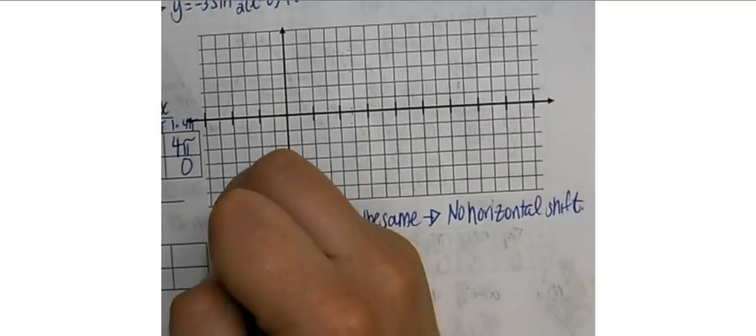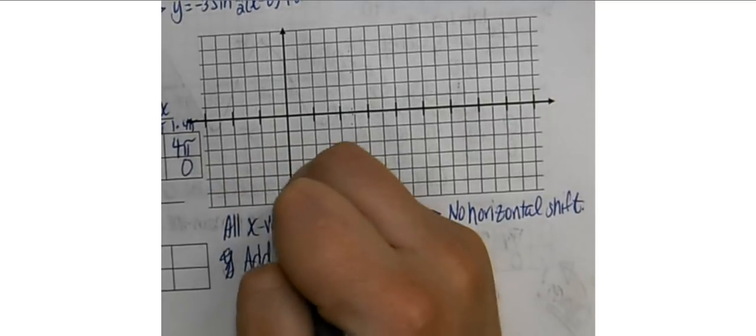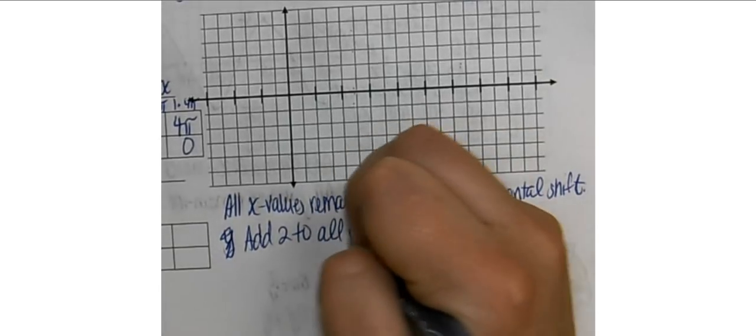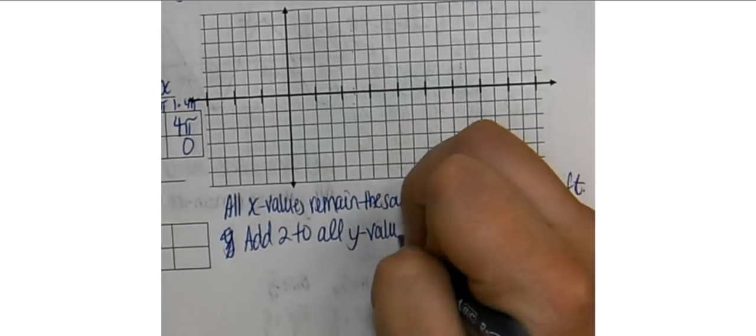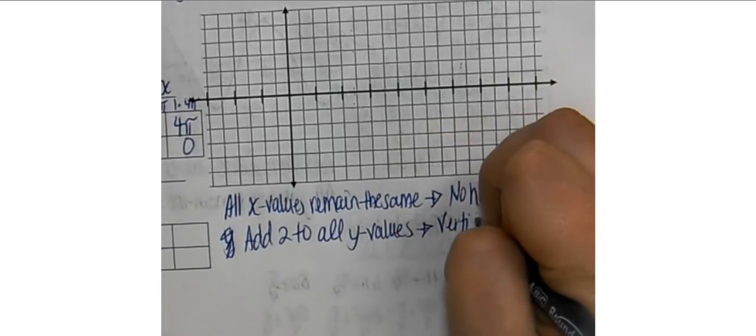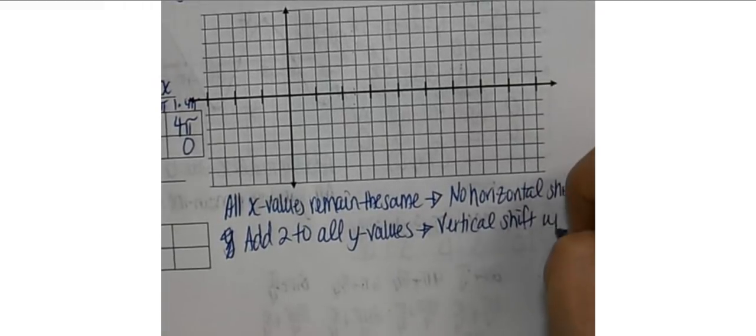And our y values, we're going to add 2 to all y values, which indicates that we have a vertical shift up 2 units.